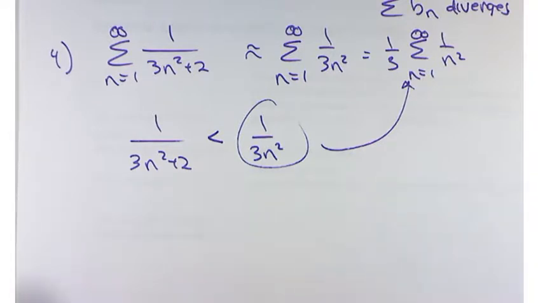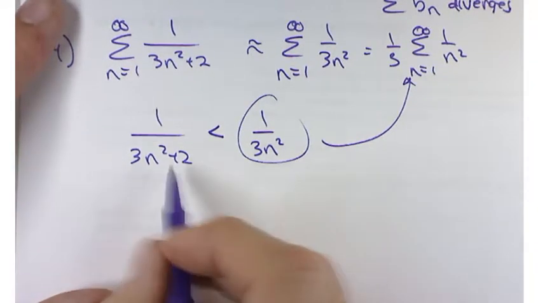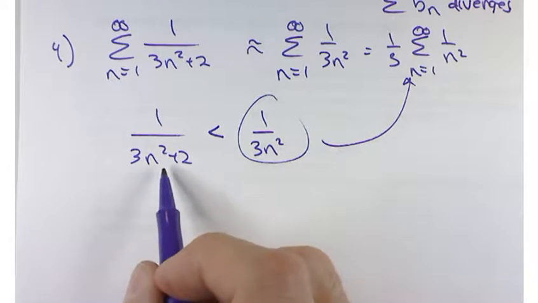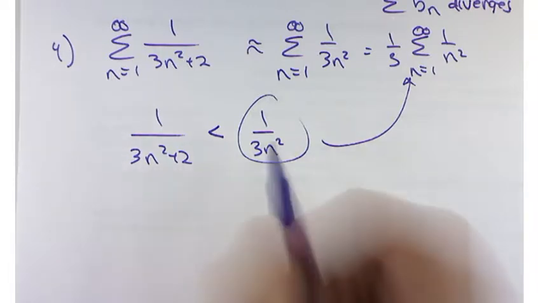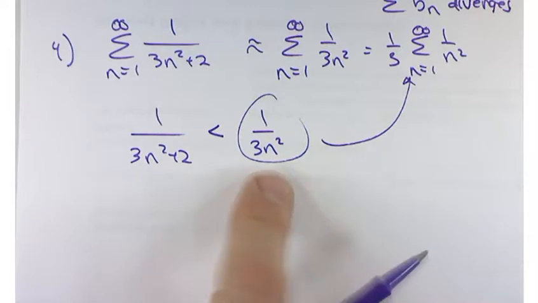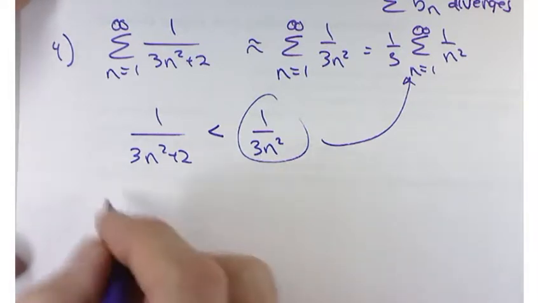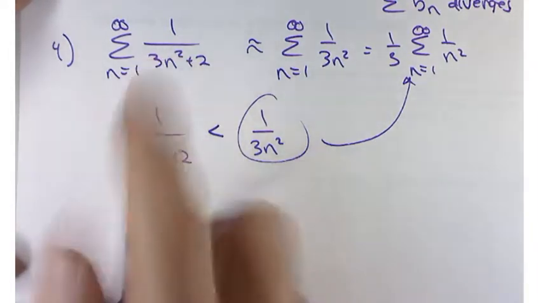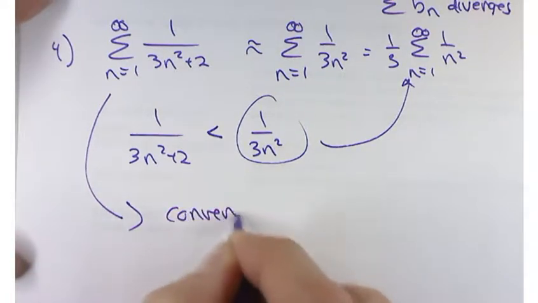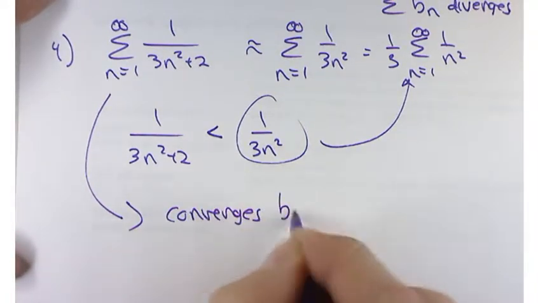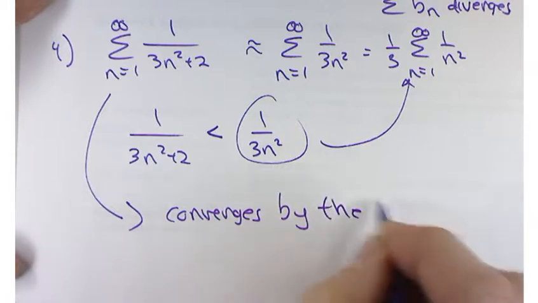So what we're doing here is we're removing that and saying, all right, this series is going to be less than this one. This one I know is a convergent p-series. So this series converges by the direct comparison test.